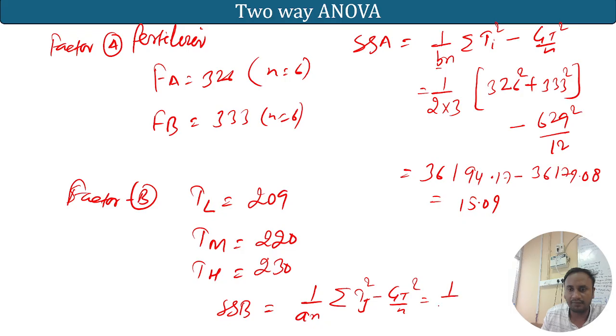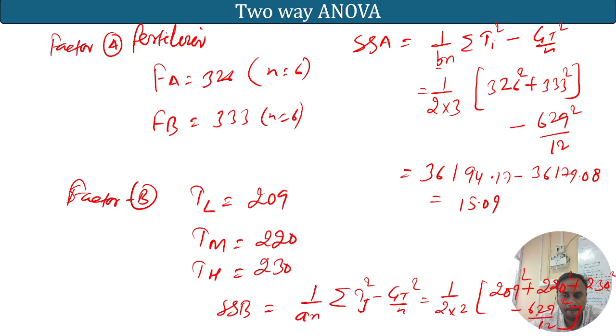So now we'll be able to calculate SSB. Let me tell you what I have done: 2 into 2, 209 square plus 220 square plus 230 square, minus GT square, 629 square by 12. Hopefully it's clear.